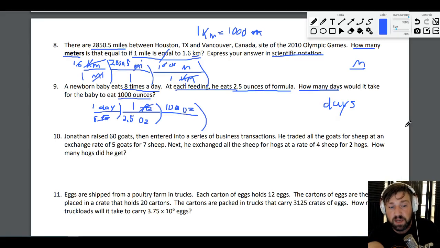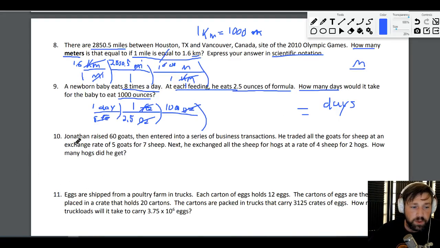Make sure that your steps are in the right place. Cancel everything. So the feedings cancel, the ounces cancel, and you can double check. I have a day. Days are what I'm after. I'm good. All right. Next one.